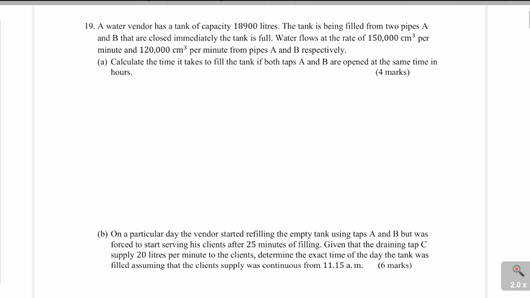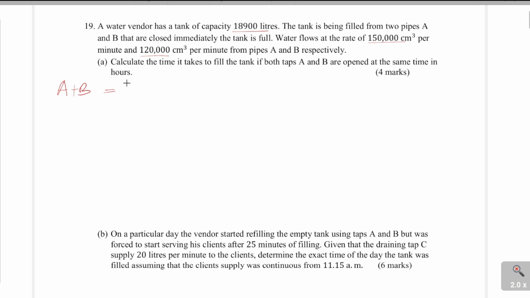So given the capacity of the tank, which is 18,900, and the tank is filled from two pipes. The first one, the rate is 150,000 centimeters cubed, and the other one is 120,000 centimeters cubed per minute. So the first thing we need to get is the rate of flow from the two pipes combined. So when A and B are running, in 1 minute, what will be the rate of flow?